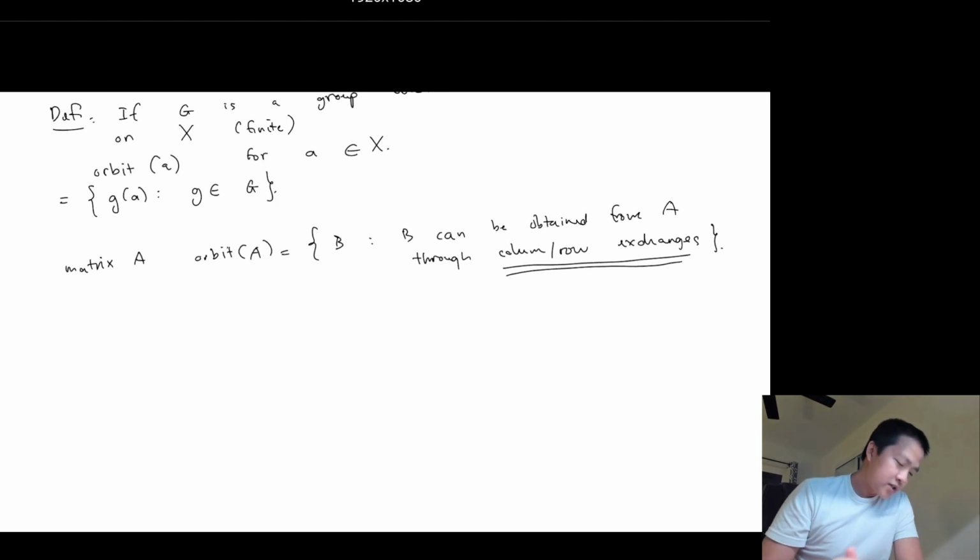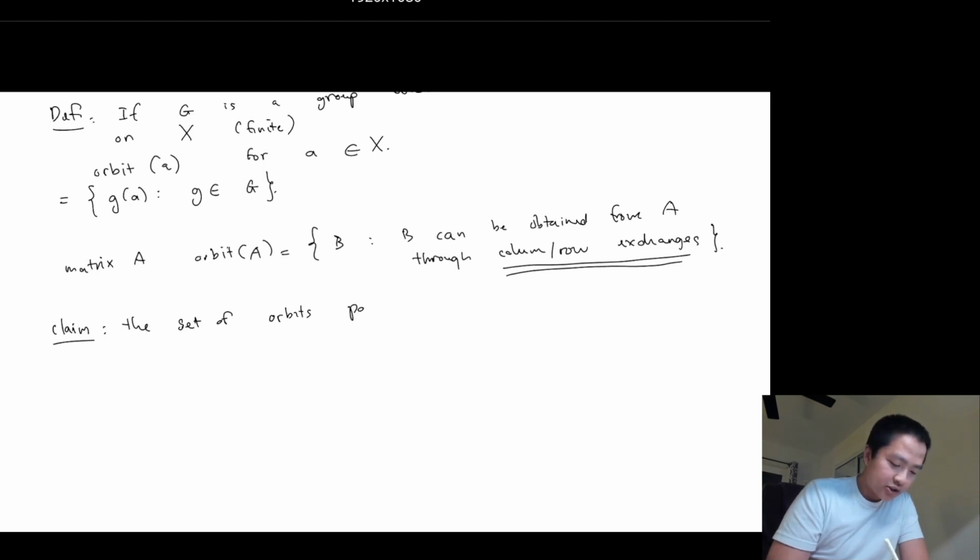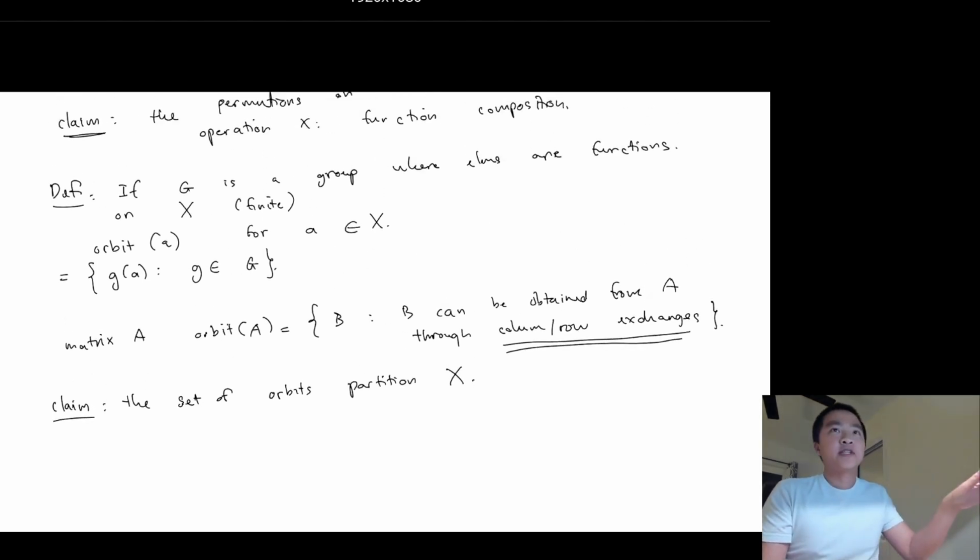Now here's a claim that you can verify for yourself. It's not too difficult to prove that the set of orbits partitions X. Again, here you have a set of functions that act on a set of elements X. The orbit of A in X is all possible G of A for every function G in the group.